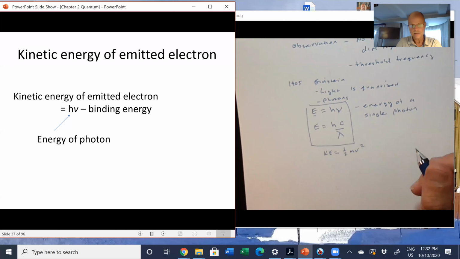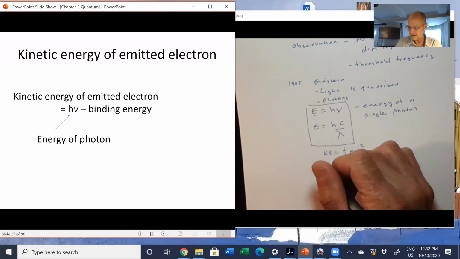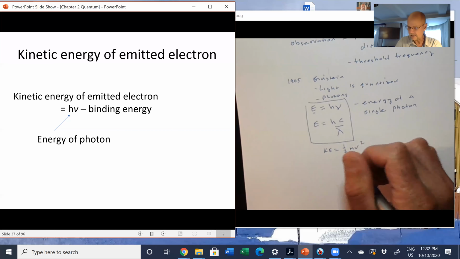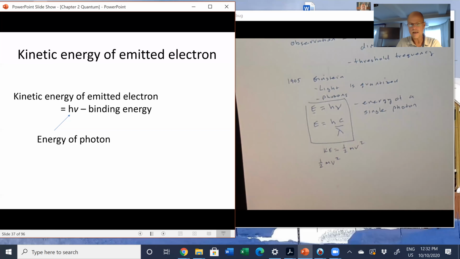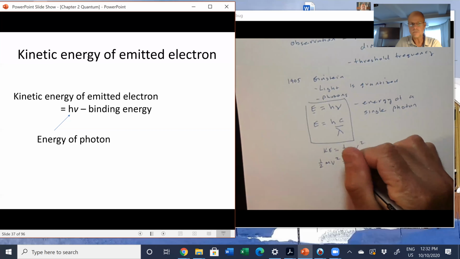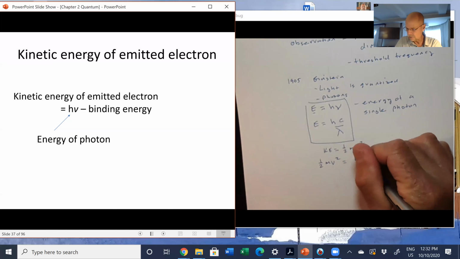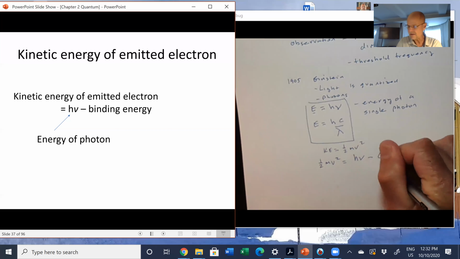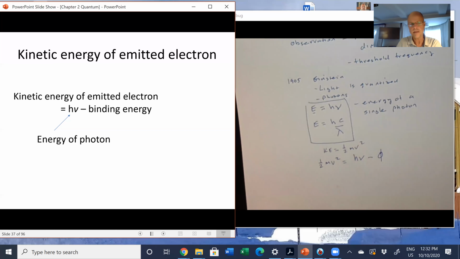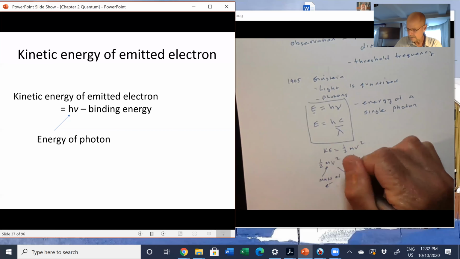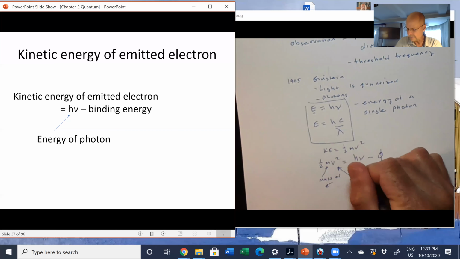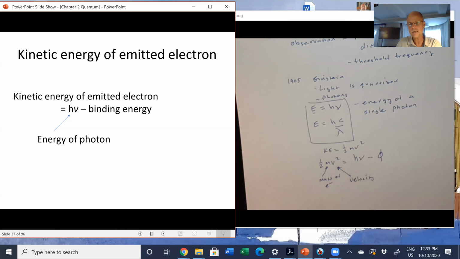And so for the photoelectric effect, we can calculate the velocity of the emitted electron. 1/2 mv squared is equal to h nu minus phi, the binding energy of the electron in the metal. So this is the mass of the electron, and this is the velocity that it has when it's emitted.